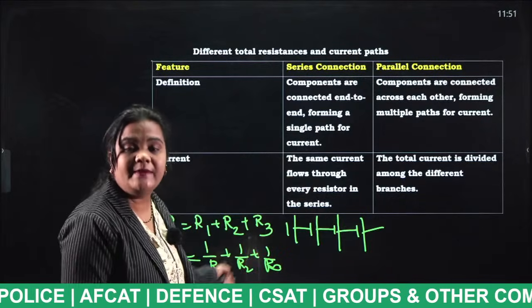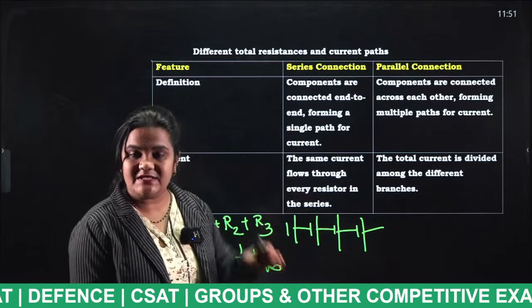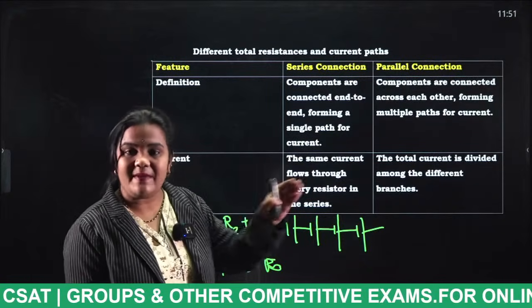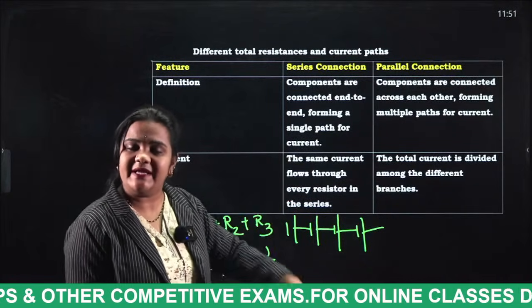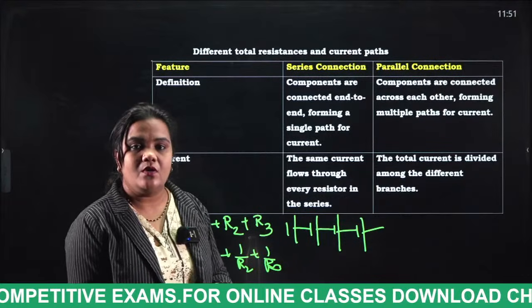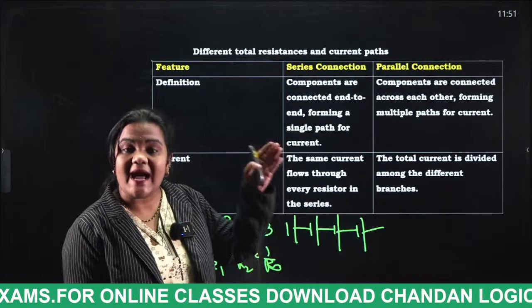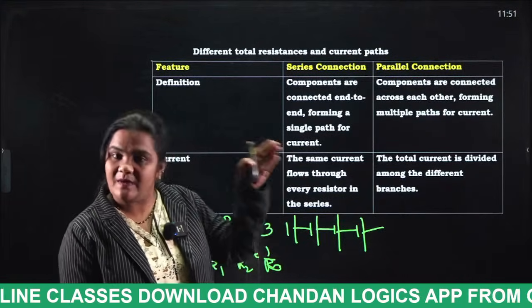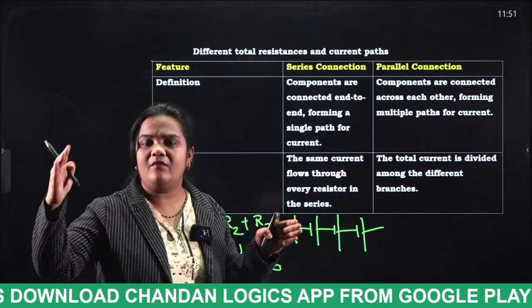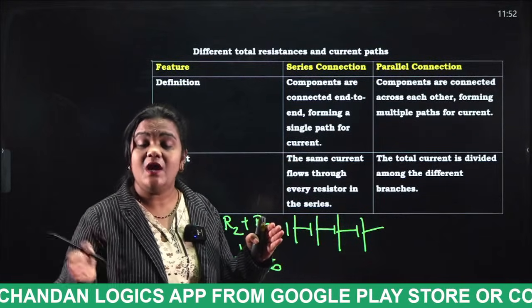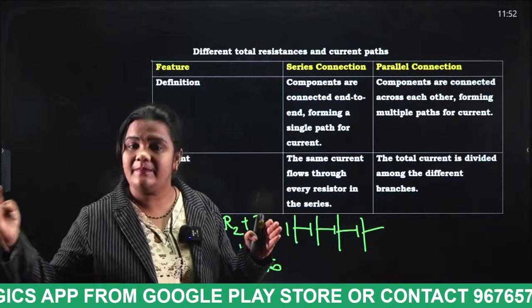In a parallel connection, the resultant resistance is given by 1/R = 1/R1 + 1/R2 + 1/R3. I think everybody knows these formulas. In a series connection, the current will be the same but the voltage will be different. And in a parallel connection, the voltage is the same but the current will be different.